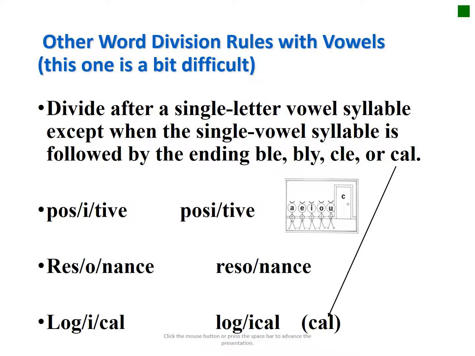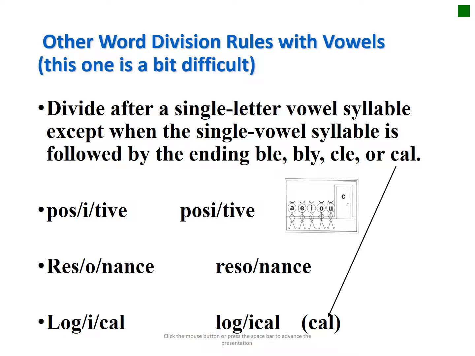You're going to love this one. Word division rule with vowels. Divide after a single letter vowel syllable, except when the single letter vowel syllable is followed by the ending BLE, BLY, CLE, or CAL. I did make these rules up. This is just how they came.